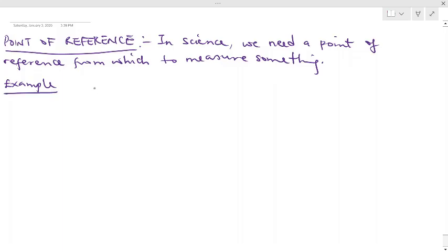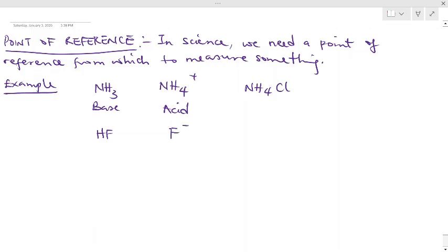Okay, so for example, we have NH3 and NH4 plus, then we have NH4Cl. What we have here, this is a base because it's accepting a proton, and this is an acid. Now we have HF, hydrofluoric acid, and F minus.